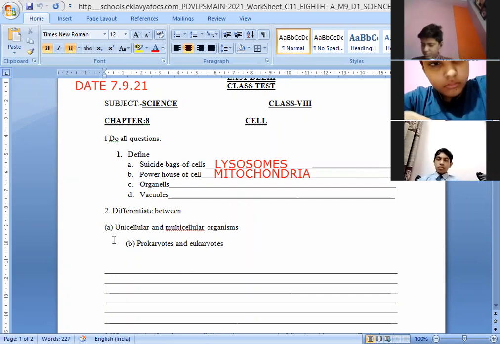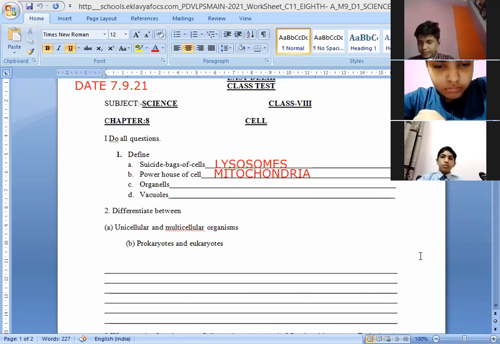Ma'am, unicellular are the organisms which have only one cell, and multicellular organisms are those that have many cells. Okay, the organisms made up of only one cell are known as unicellular, and all the functions are performed by a single cell only. Multicellular organisms have more than one cell, countless cells.